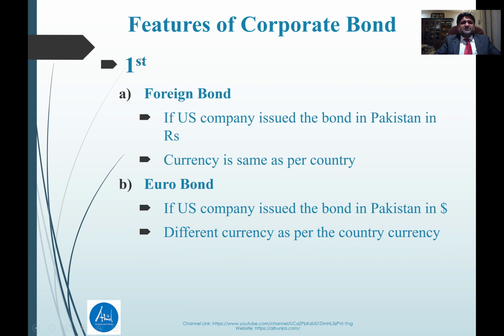The first point is foreign bond. It means a foreign company issues the bond in the local currency. For example, if a US company issues a bond in Pakistan in rupees.